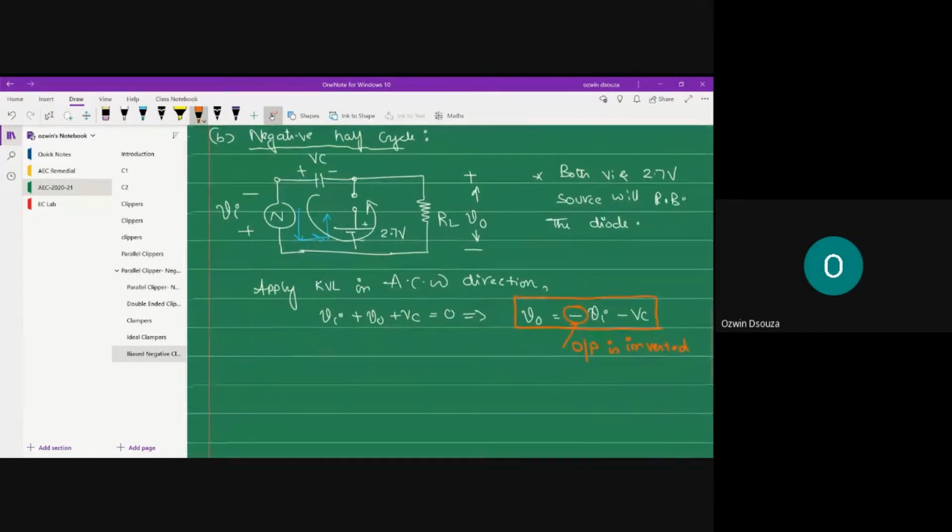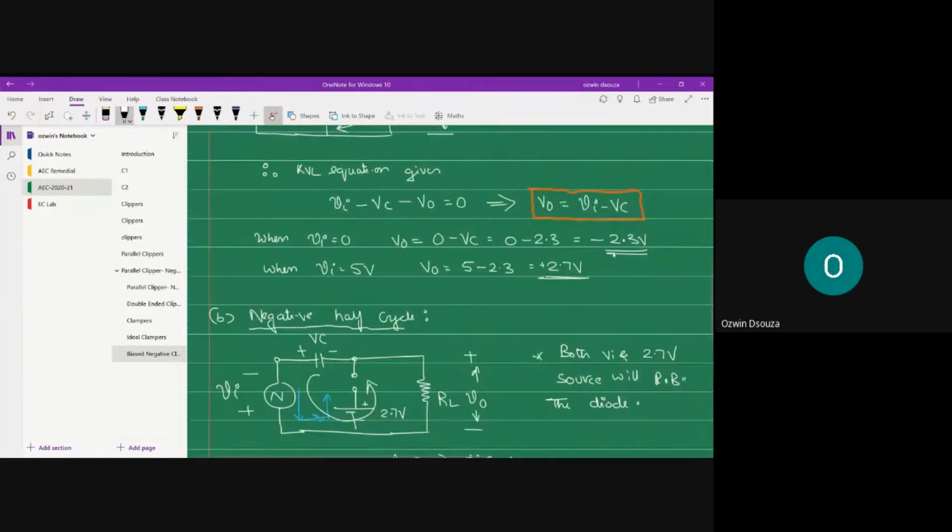Let us examine what signal value we are going to get in the negative half cycle. Even in the negative half cycle, when your input is 0, you can expect the output value as 0 minus VC, which is minus 2.3 volts, as we have already seen for the positive half cycle.